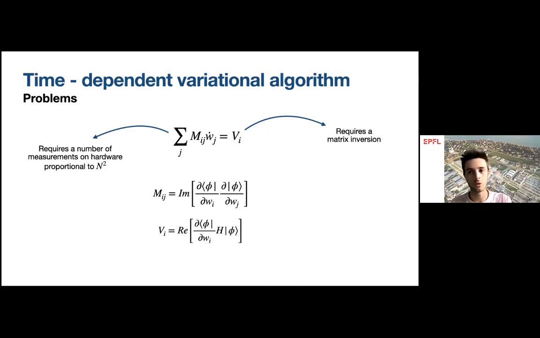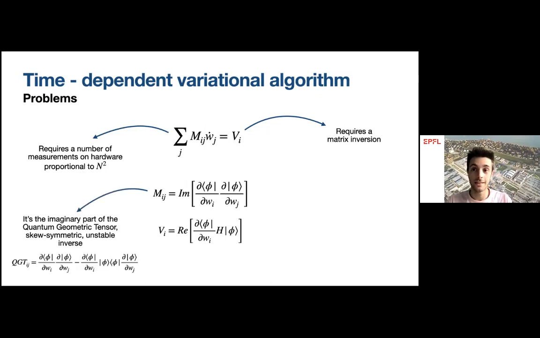And moreover, we have errors due to the fact that we are measuring statistically, and as I was saying before, a lot of errors from a quantum computer. So it's a really unstable procedure. Moreover, this matrix is the imaginary part of what is called the quantum geometric tensor, and its imaginary part is skew symmetric. So the diagonal of this matrix is all zero to preserve the skew symmetry.